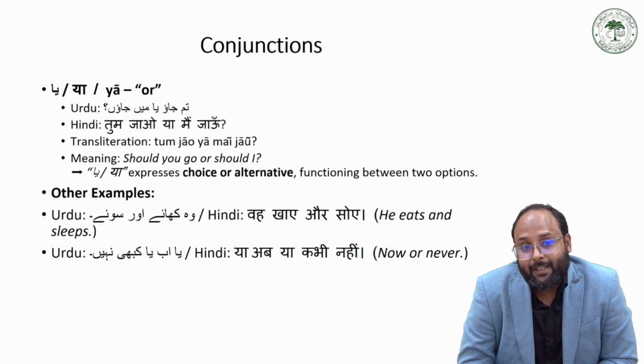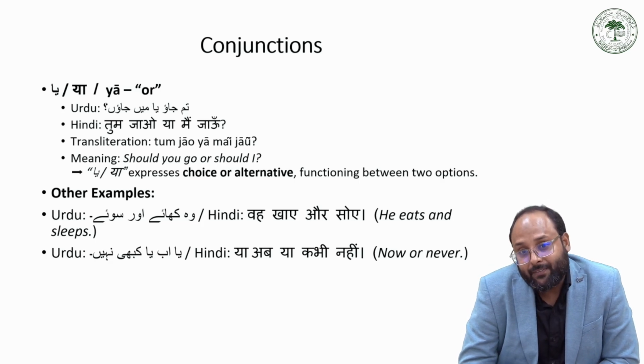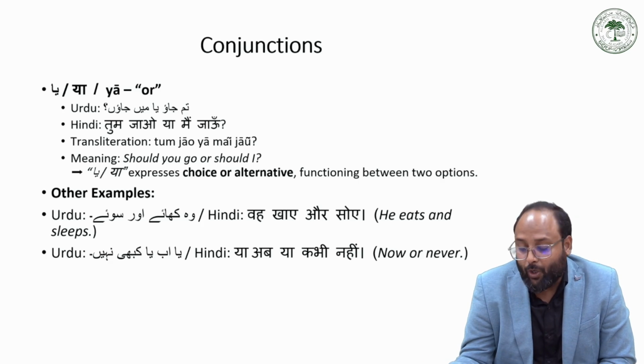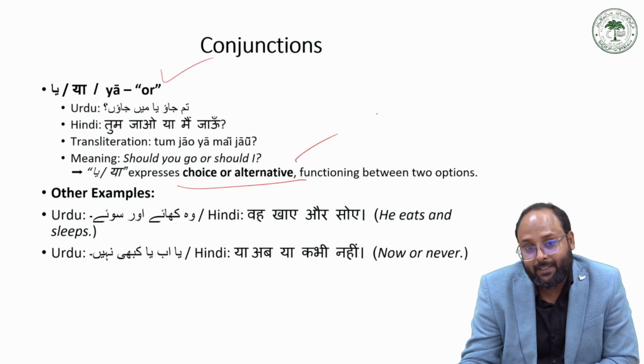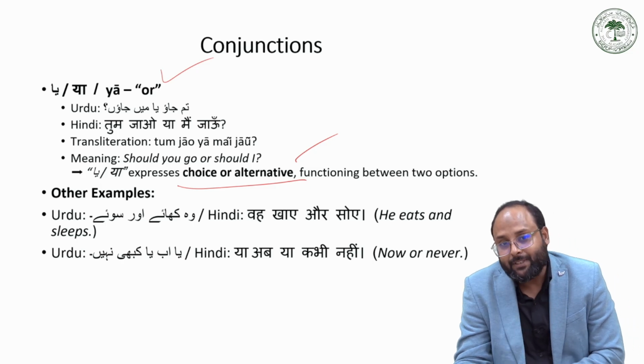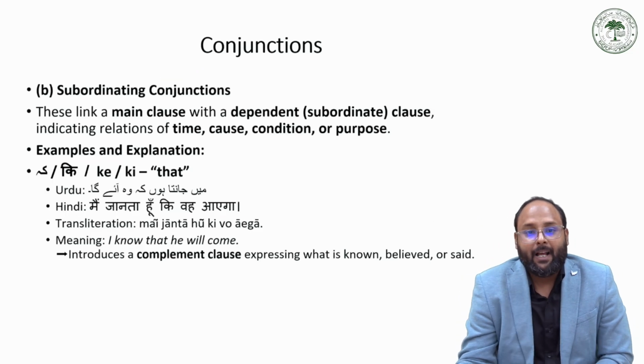Here ya expresses choice or alternative between two options, either this one or this one. And the other example, like वो खाए और सोए, and या कभी नहीं. So this is the kind of conjunction we have.